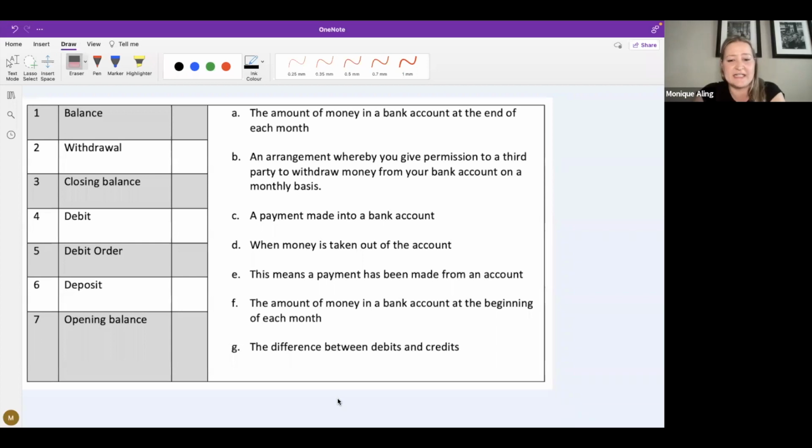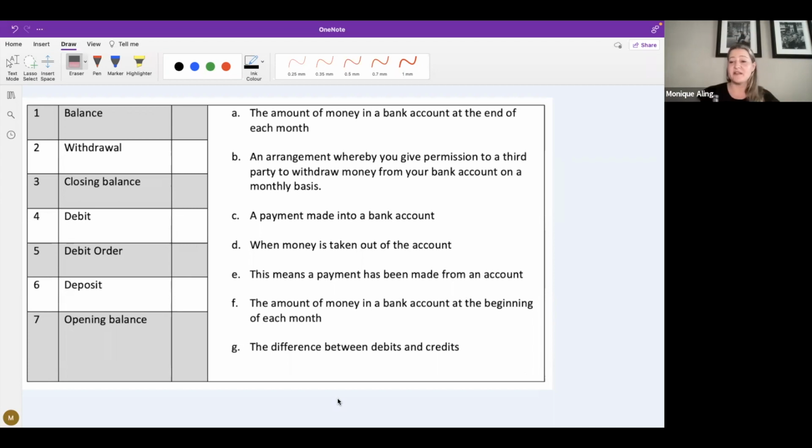So deposit is C. And then the last one, opening balance, by process of elimination we could also tell that that is F. Well done. The amount of money in a bank account at the beginning of each month. So you'll see when we do bank statements later on, opening and closing balance, as well as a few of these things also come into play.